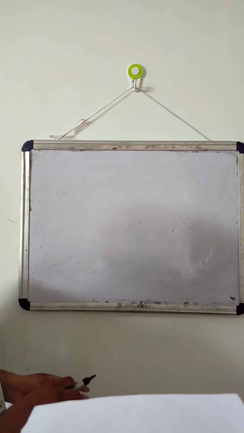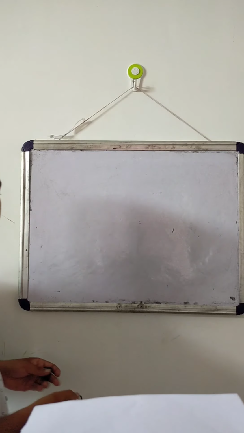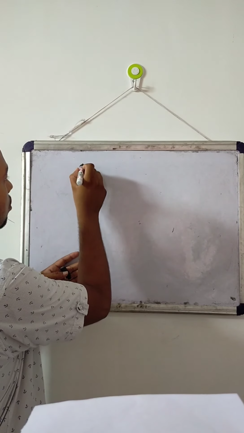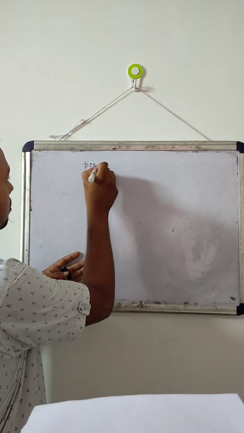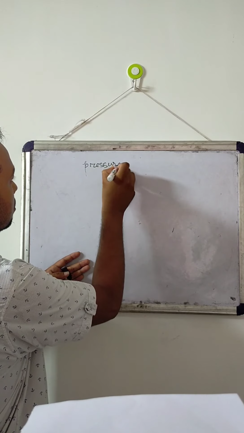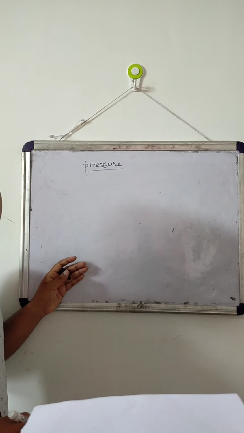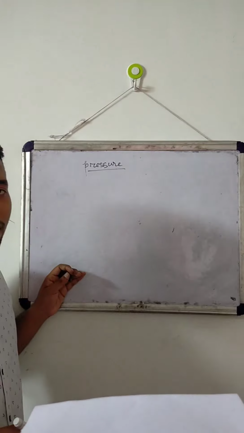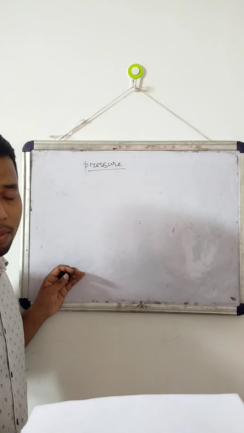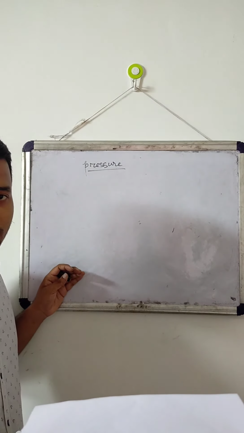To explain this, we have a physical quantity called pressure. Pressure is defined as the amount of force applied per unit area.